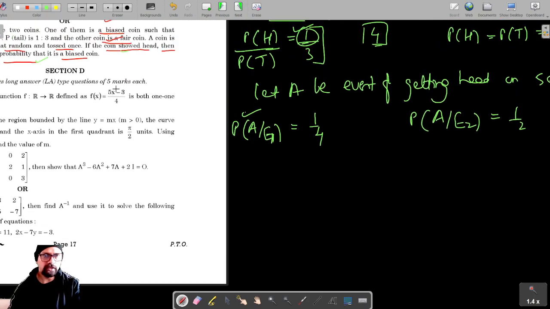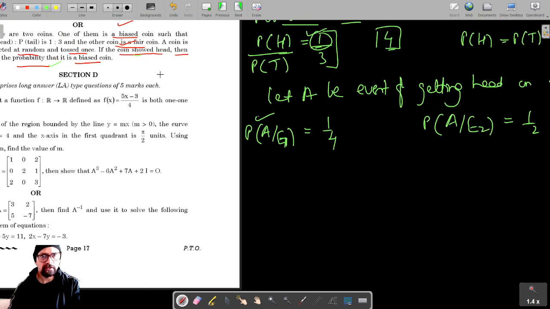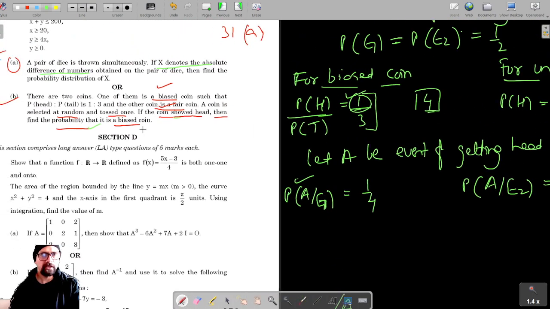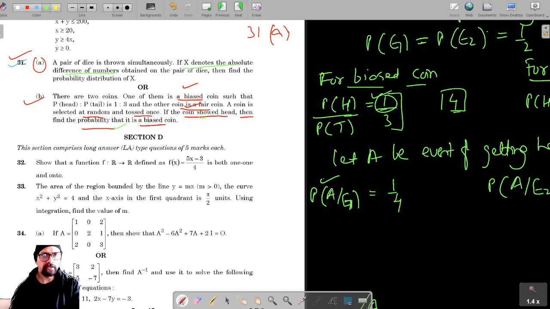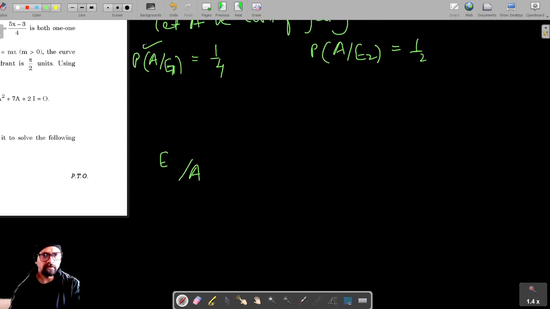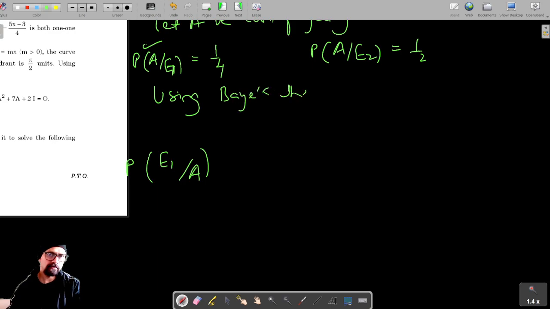Now, what is being asked in the question is that the head shows up, that is, head is already there, and we have to find that it was from the biased coin, that is, from E1. So this is the probability that we have to find, and we are going to use Bayes theorem.